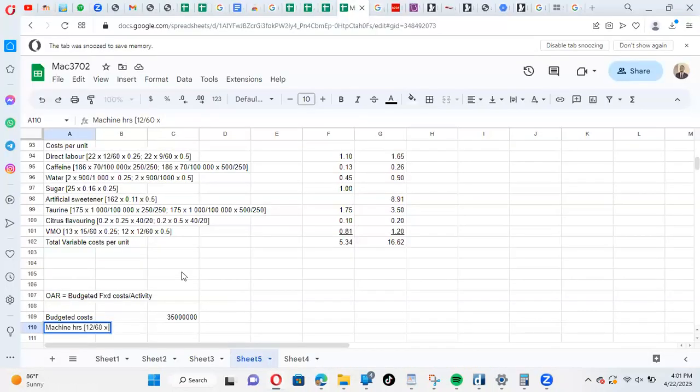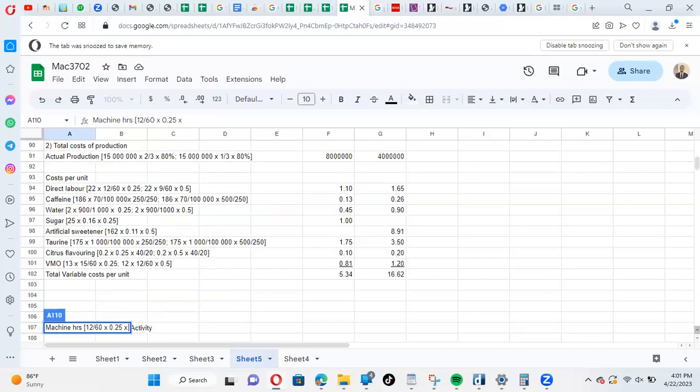So we can basically say 12 times. If this one gives us a liter of each, this one is going to be times 0.25 to get the number of liters per unit. And then the number of units, I think we should have it somewhere close by. The budgeted was 15,000 times 2/3.